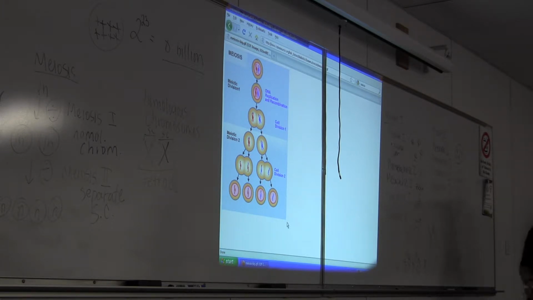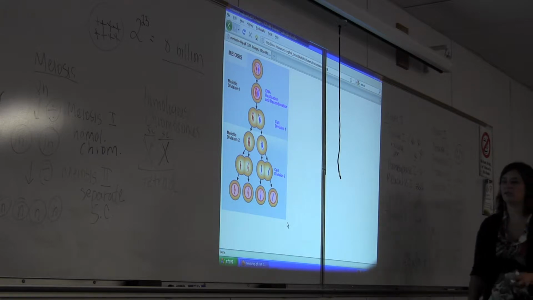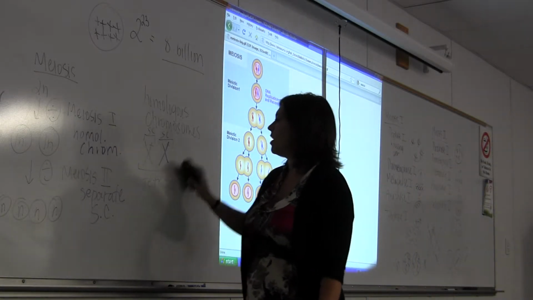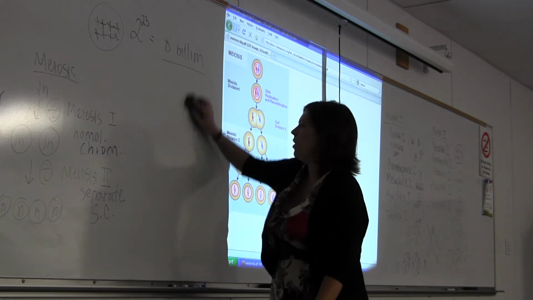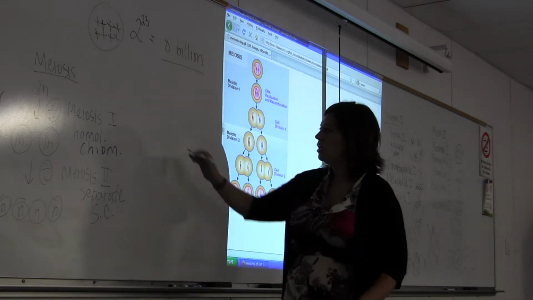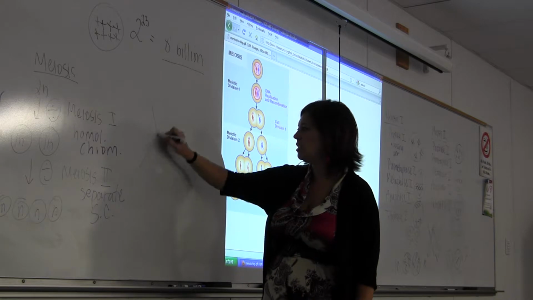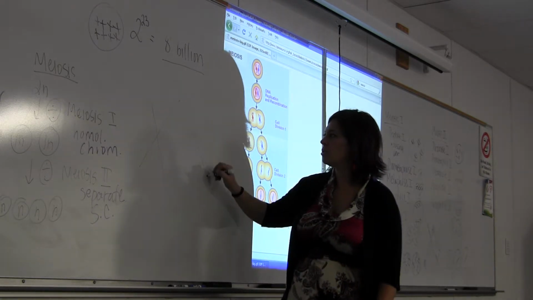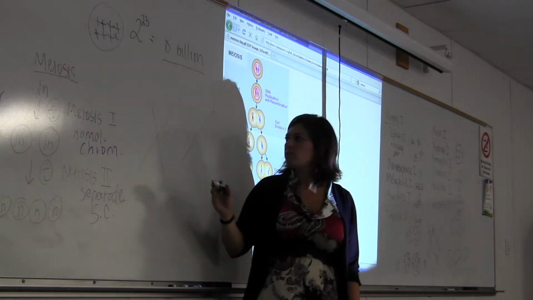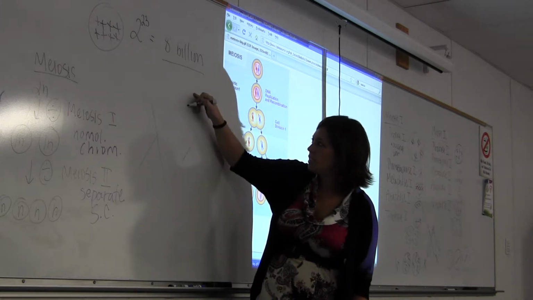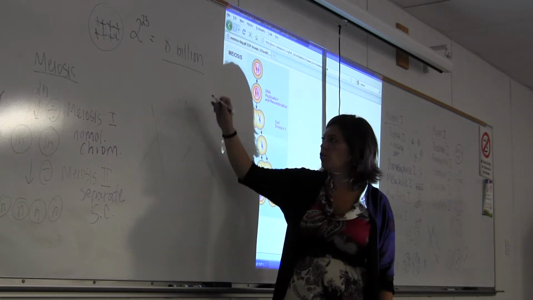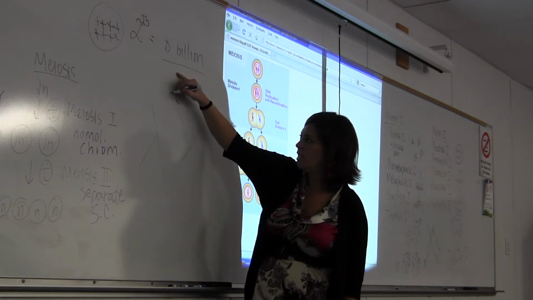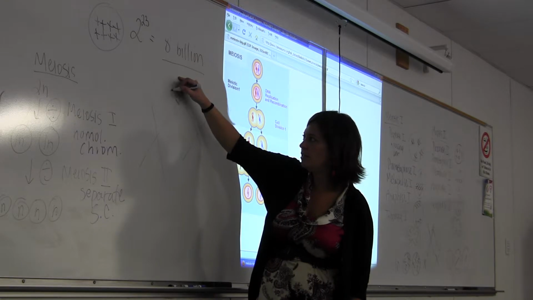And so crossing over is also going to be important because it can allow us to figure out where certain genes are. So let's just say this is my dad's chromosome and here's mom's chromosome. Now, if some of these genes are going to cross over with one another, so let's just say I have an eye color gene right here.